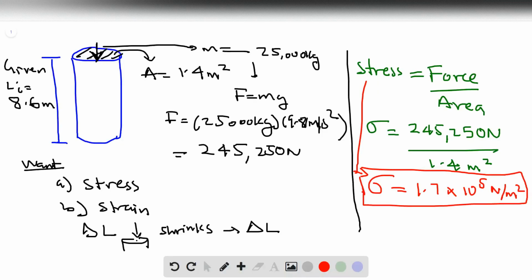So we've dealt with the stress, which is, if you think about a unit area of 1 meter squared, what's the force being applied within that unit area? That's how we define the stress itself. The next part of the problem, we're going to do on the second page, and here we're interested in finding the strain.